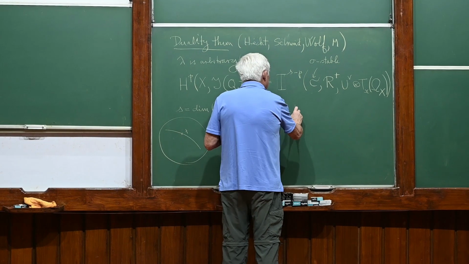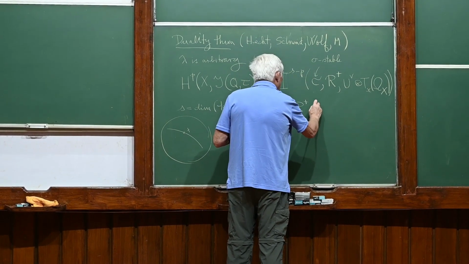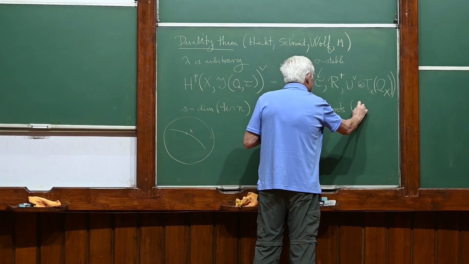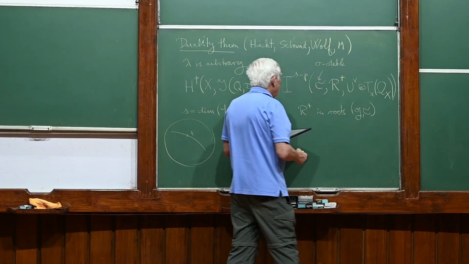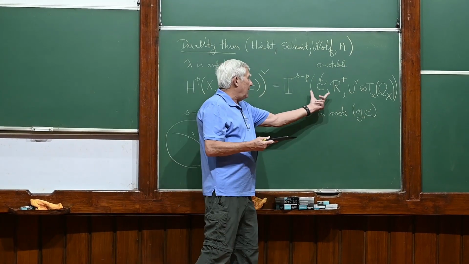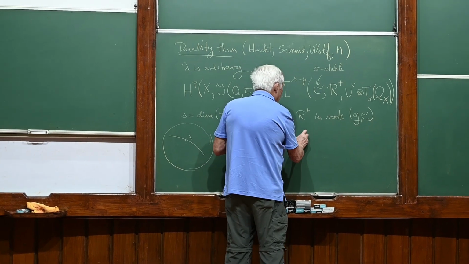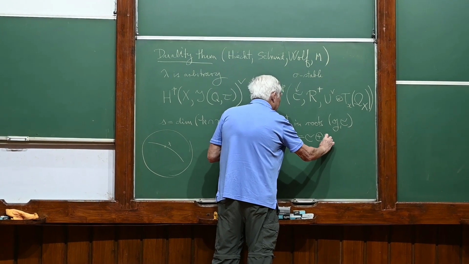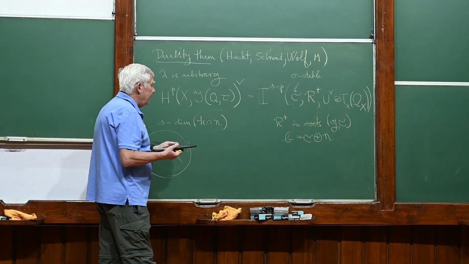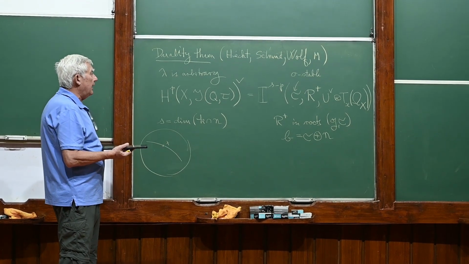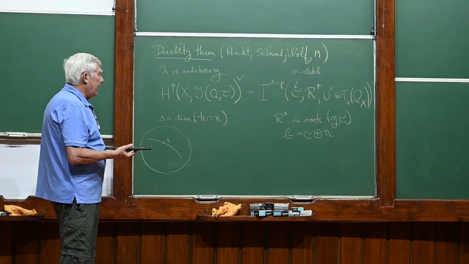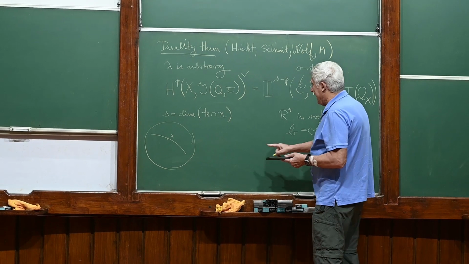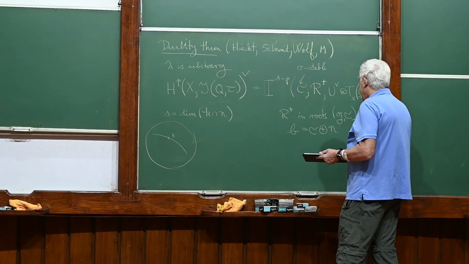R plus is a positive root system in roots of g C. So this R plus determines a Borel. b is c plus n, where n is spanned by positive roots, subspaces corresponding to x. So now this explains S.